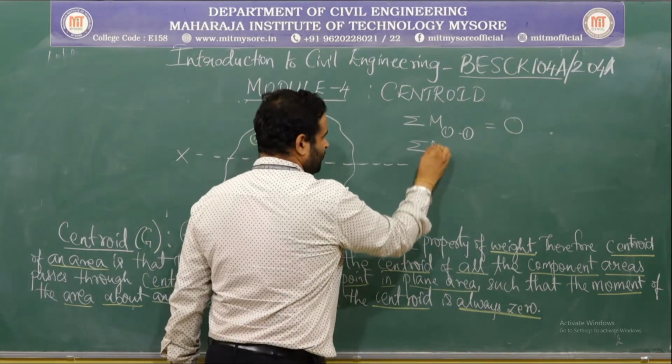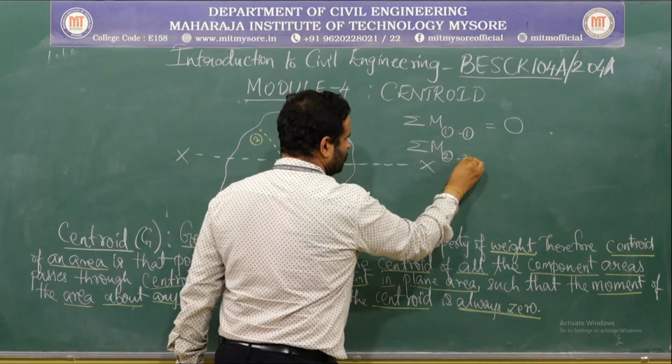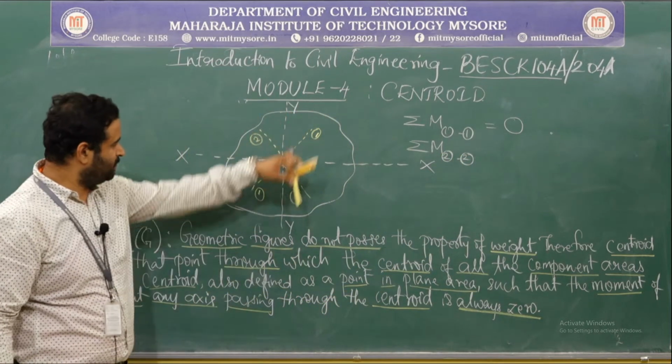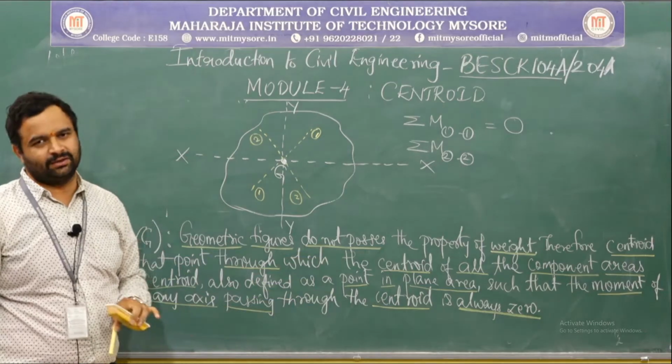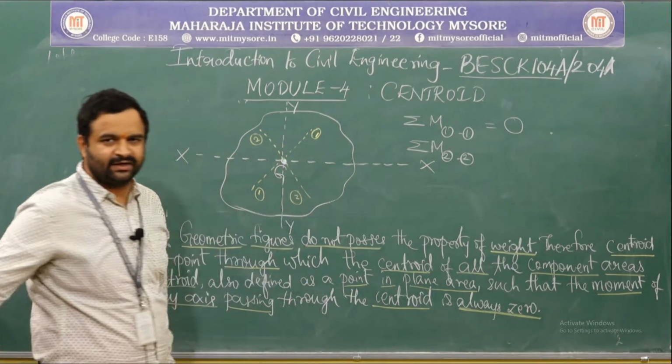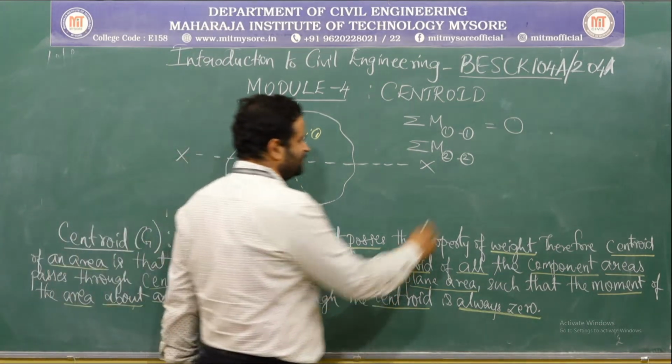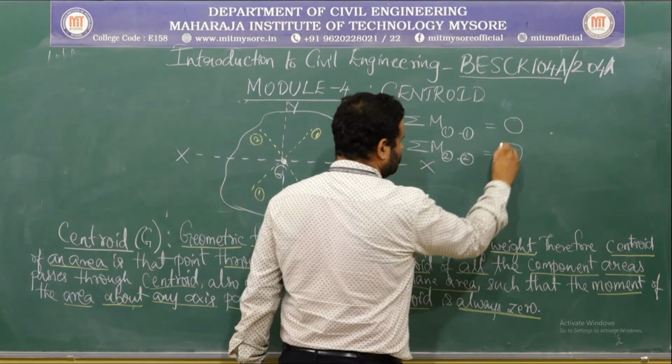Even if you take the moment about section 2-2, which is passing through the centroid, this is also equal to 0.